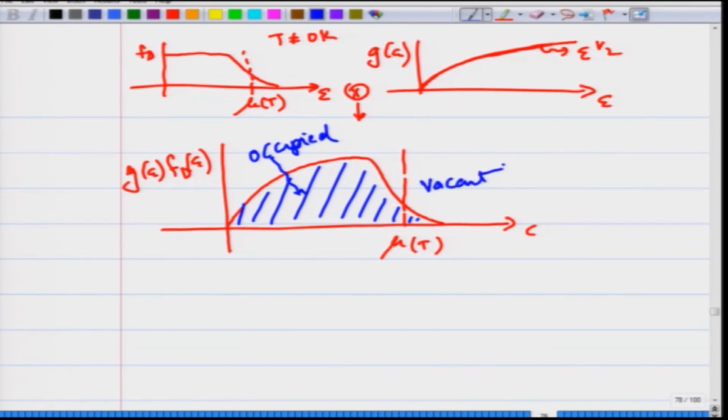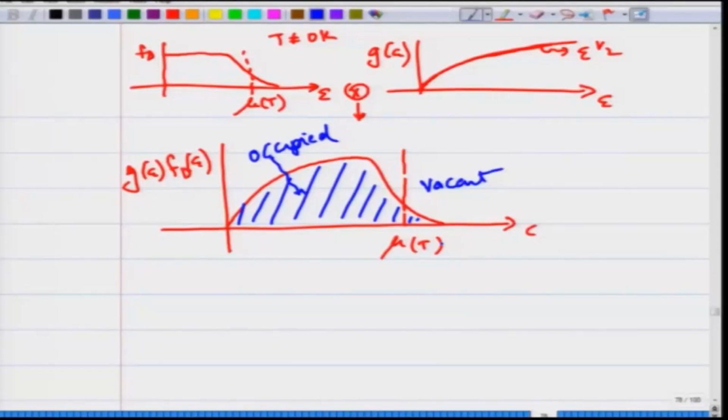The reason for this is that the probability distribution at finite temperature increases slightly above the chemical potential, because particles from lower energy states around the Fermi energy are getting excited to the higher energy states, and so around and above the chemical potential you have some occupancy.